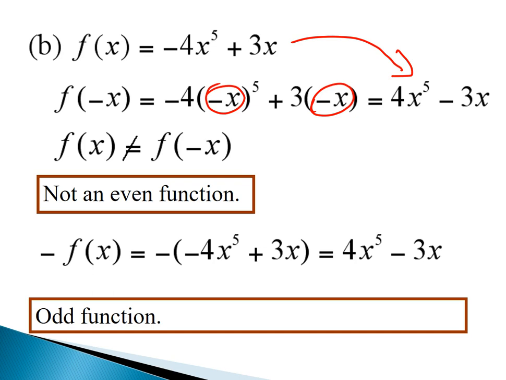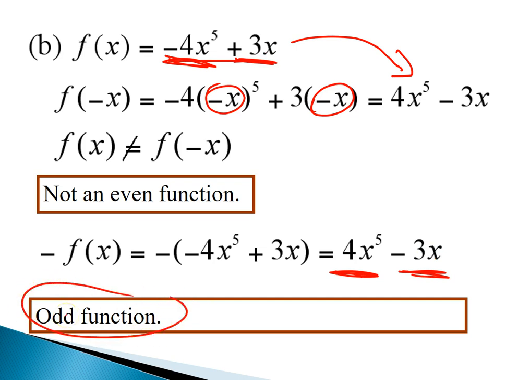Therefore, it's not an even function. However, these two functions are opposites of each other. Notice that this was a negative, now it's a positive. This was a positive, now it's a negative. So therefore, this is an odd function.